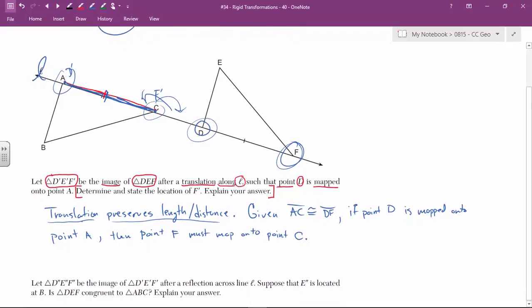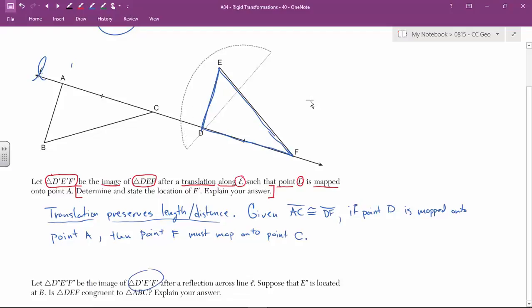The second question is a little more involved. It says let triangle D double prime, E double prime, F double prime be the image of triangle D prime, E prime, F prime. The triangle we get from the translation is the first prime.